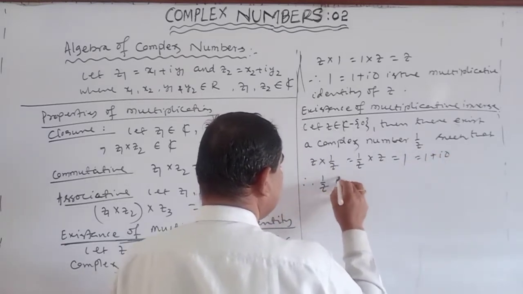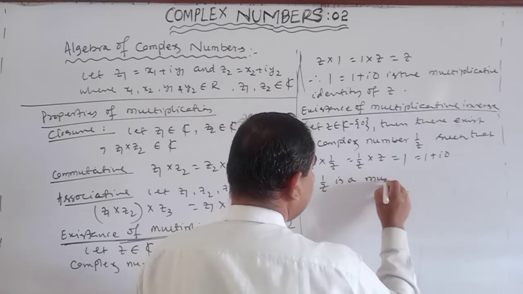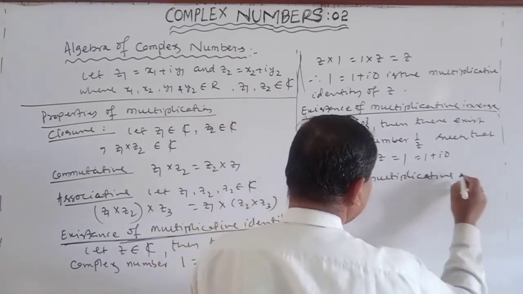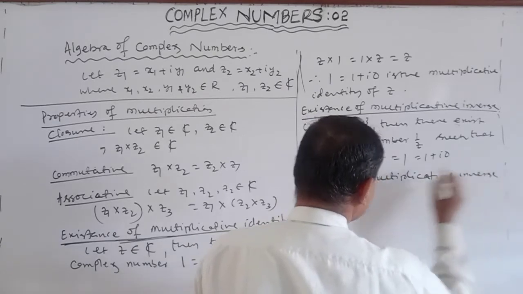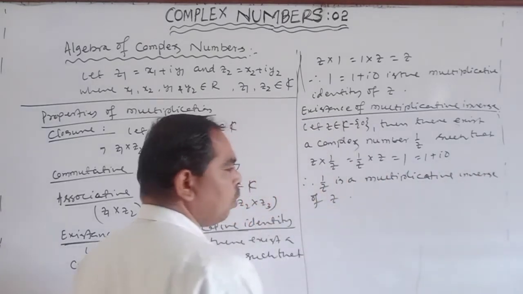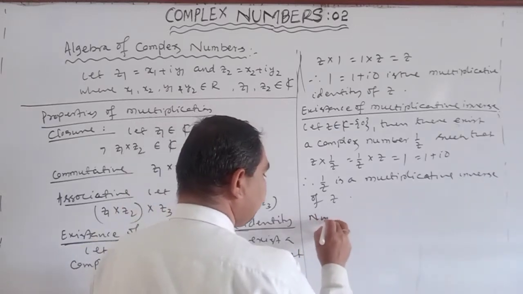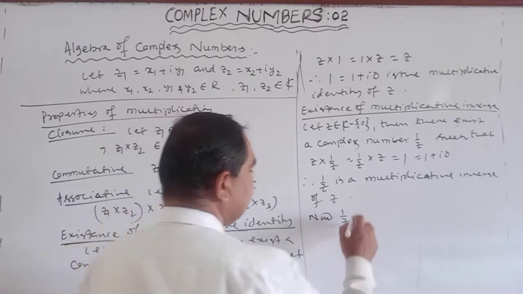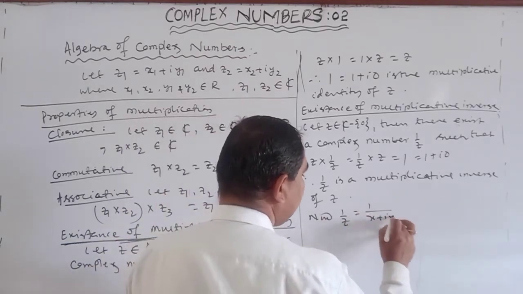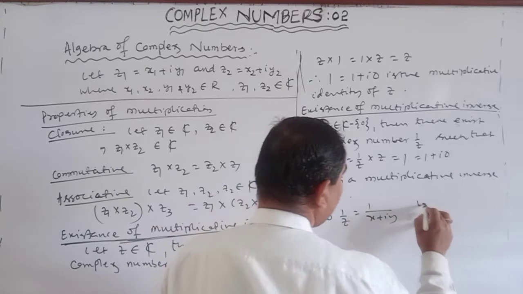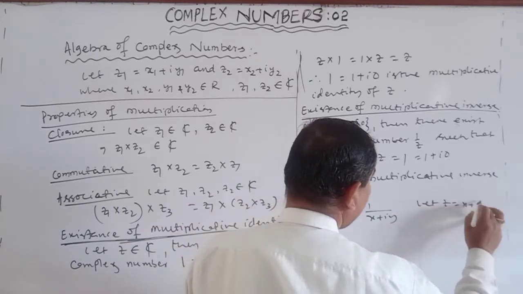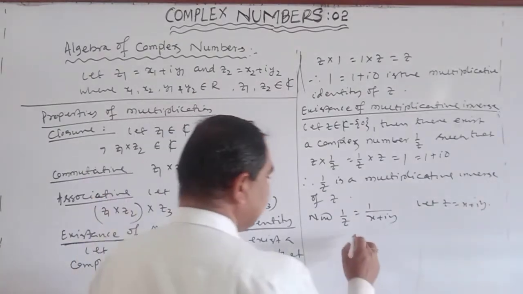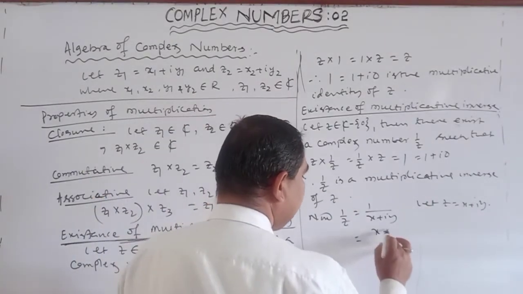Therefore 1 by Z is the multiplicative inverse of Z. Okay, now 1 by Z means 1 by x plus iy. Let Z is equal to x plus iy. Okay, so multiply by x minus iy.